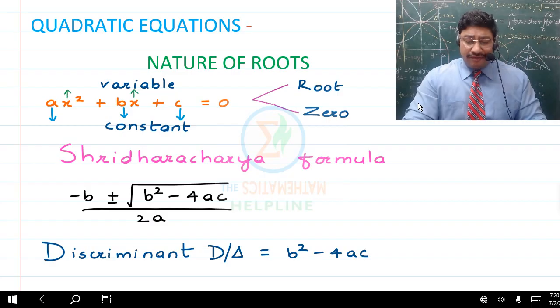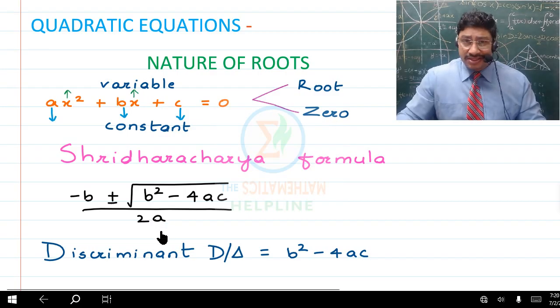Next, children, the formula with the help of which we can find these roots or zeros is minus b plus minus root of b square minus 4ac, whole divided by 2a. So this is the formula, right? As it was given by an Indian mathematician, Sridharacharya, this formula is in his name. This is also known as the formula method.